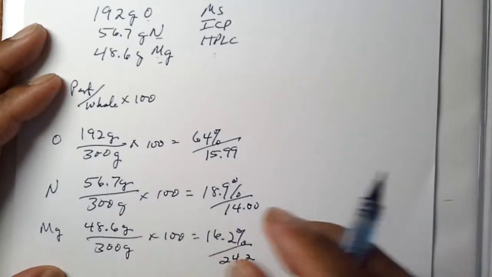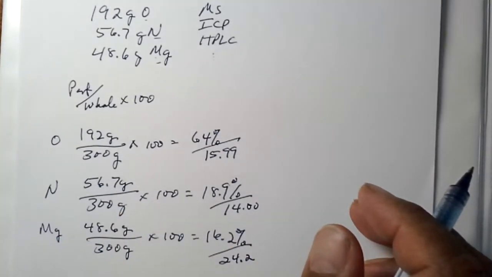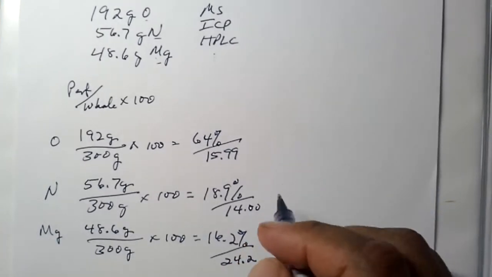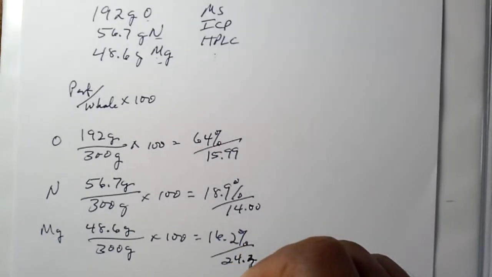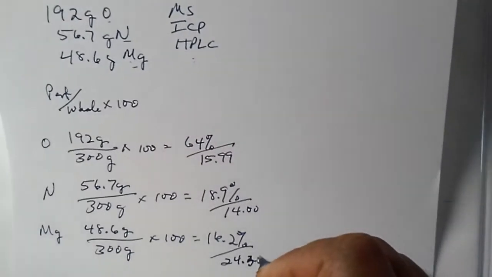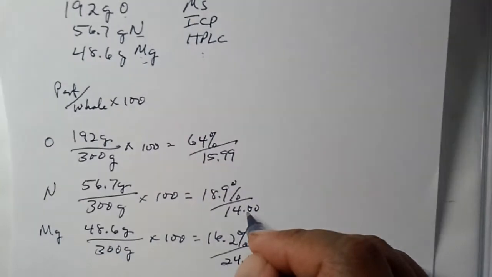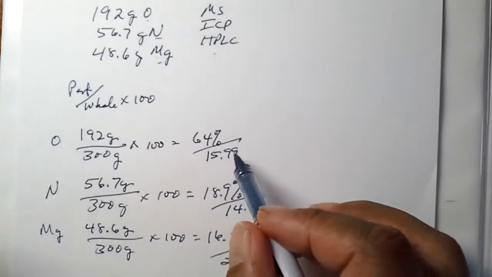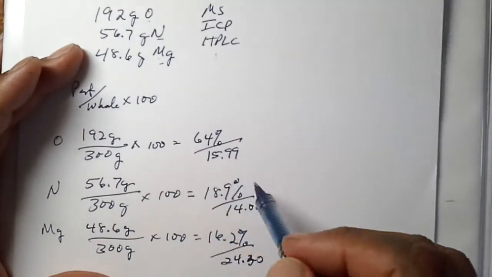I try to keep these to two places after the decimal. Okay, magnesium is 24.3, nitrogen is 14.00, oxygen 15.99.